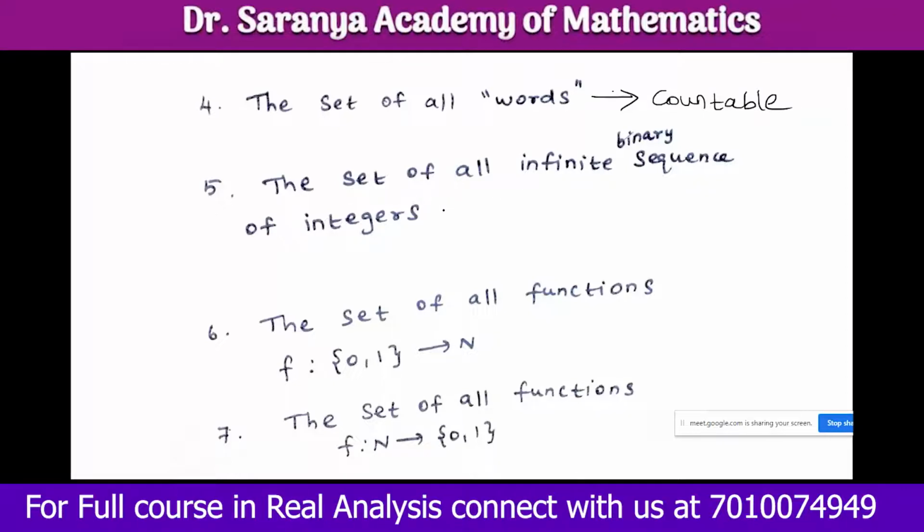So next one. Ma'am, I don't know about binary sequence. A binary sequence looks like 0 1 0 1 0 1 1 0 0 0 1, only 0 and 1. Question number 5, I think Cantor said, it is uncountable. So it goes like infinity with 0 and 1 only.